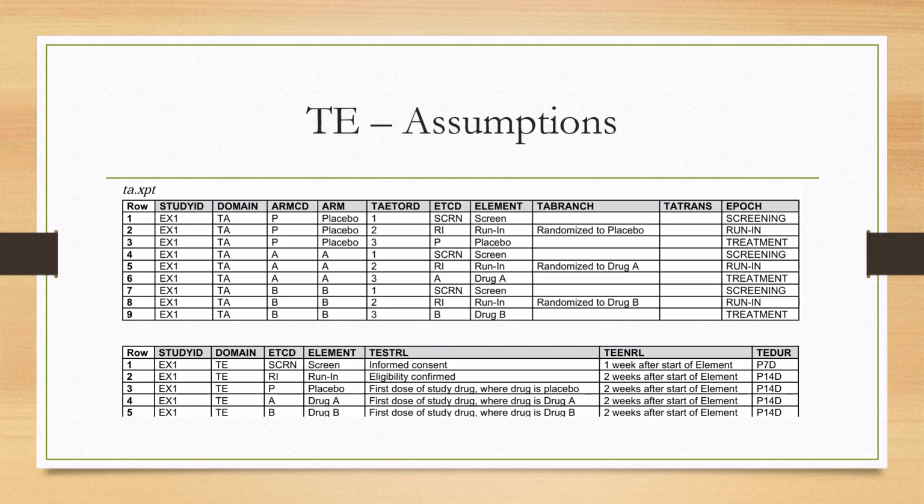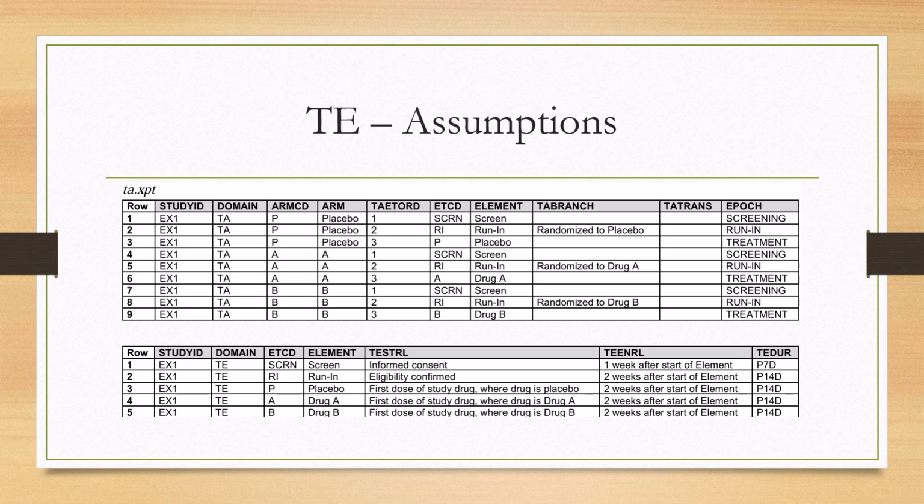Here I'm showing you an example of a TA dataset, and in this TA dataset you can see there are three arms, that is arm code P, A and B. The P arm code is for placebo, arm code A is for drug A, and arm code B is for drug B. You can see in all these three arms you have the same screening element, and we have a run-in element also in all these arms.